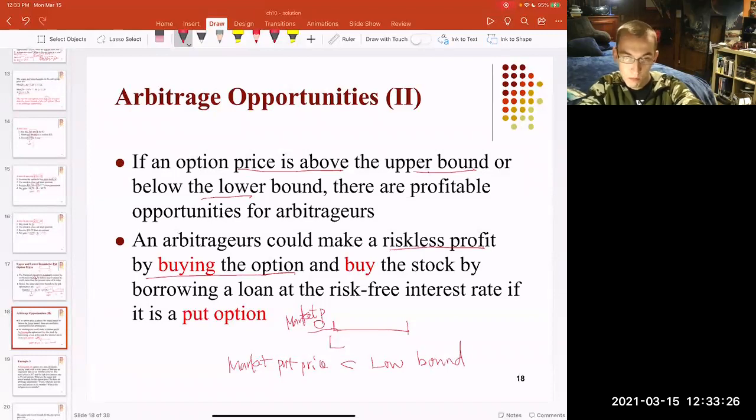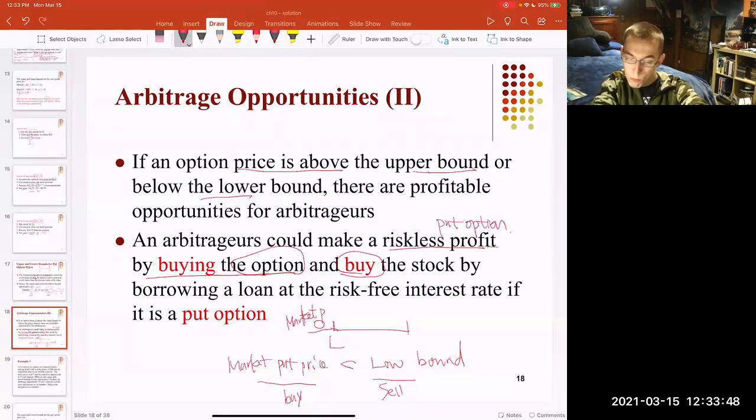So we're gonna buy low, sell high. So we're gonna buy the option, but why buy? Because this is a put option.